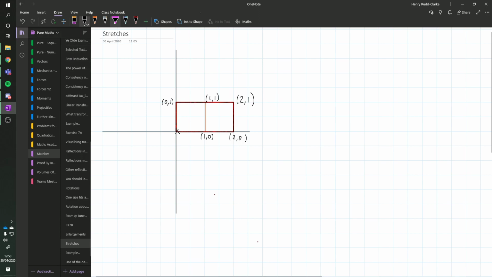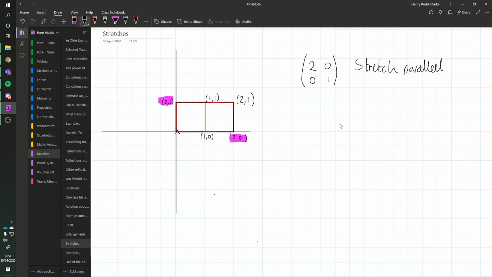So (2, 0) and (0, 1) are where the important corners that tell us the matrix have moved to. So (0, 1) is actually not moved, (2, 0). So 2, 0, 0, 1 is a matrix that would represent this transformation, a stretch parallel to the x-axis, scale factor 2.